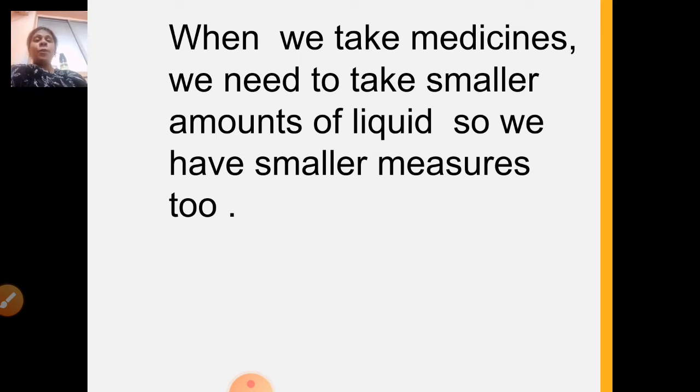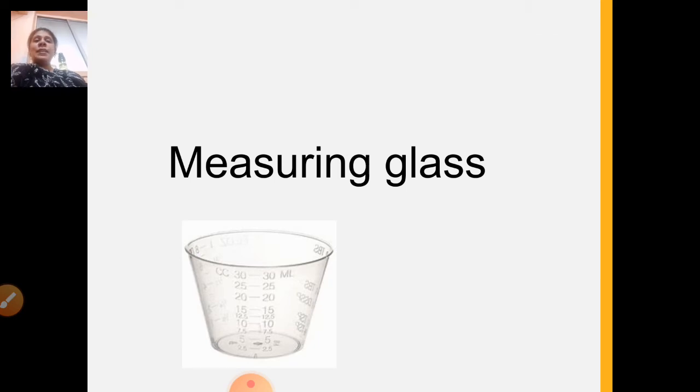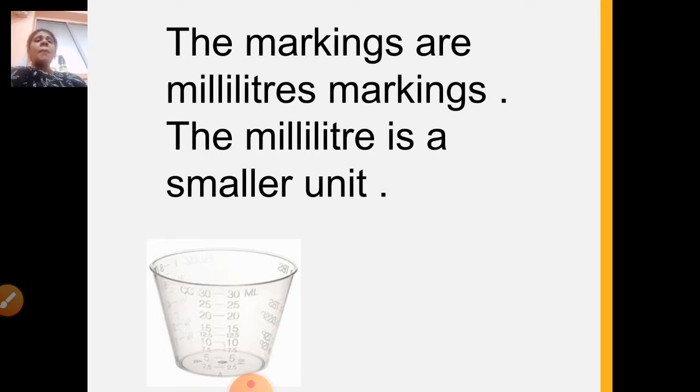But what if we want to take 5 ml or 10 ml of juice, or any other kind of liquid in ml? So we have smaller measures too. So let us see how. Now see, this is a measuring glass. You can take a measuring glass also. On the measuring glass you can see it is written ml, that is milliliter. So the markings are milliliter markings, and the milliliter is a smaller unit.